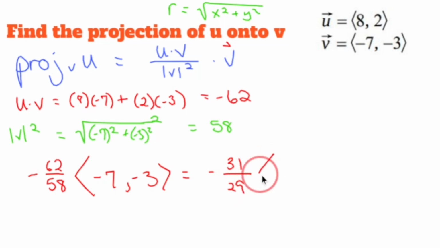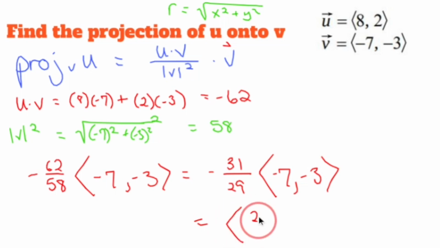How about that? Who'd have known? And just multiply that fraction to both of these numbers, and you end up with a terrible, terrible, terrible fraction. 217 over 29. And 93 over 29.